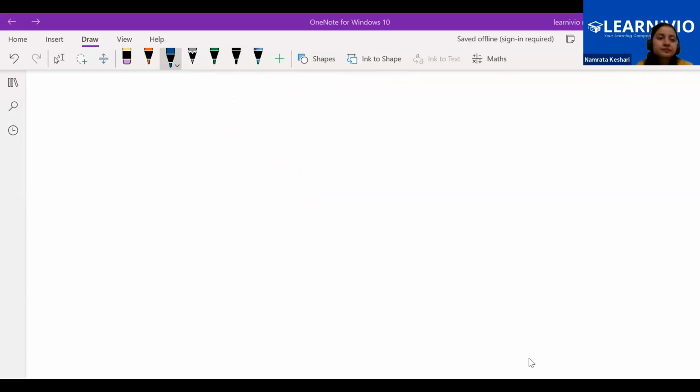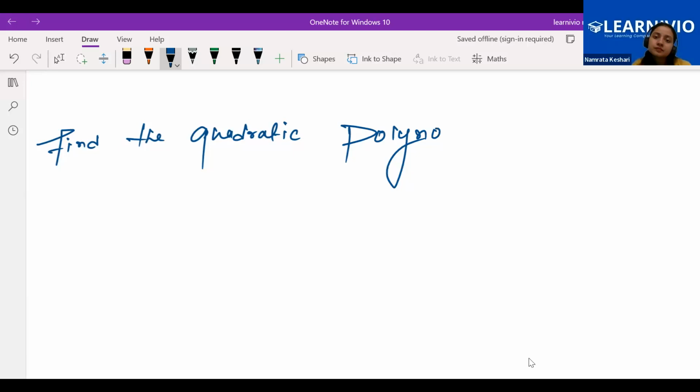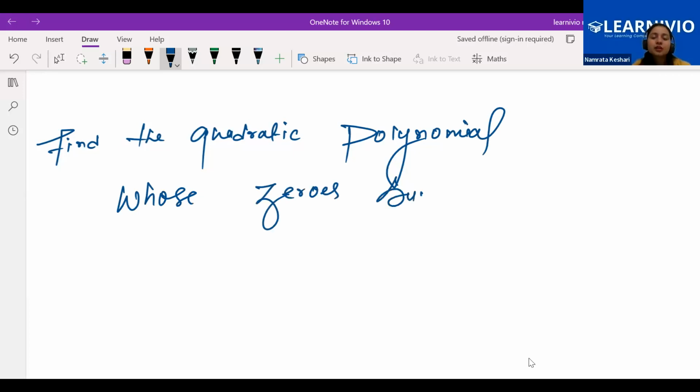Find the quadratic polynomial whose zeros' sum and product are... tell me what is the sum, what is the product? -3 and 2.